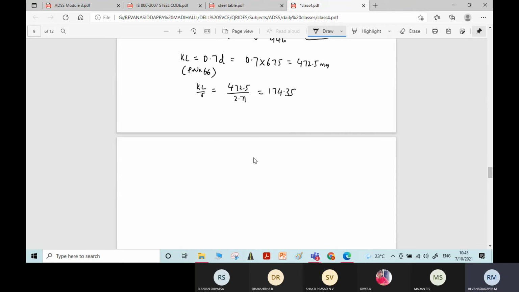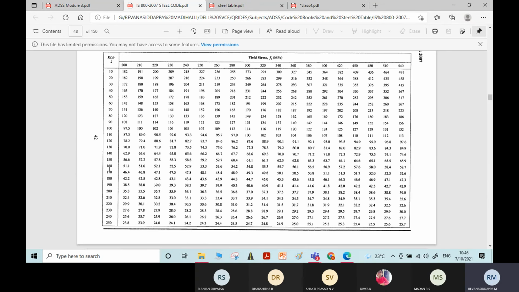This is from table 9C, page number 46 of the code book, for Fy equal to 250 Newton per mm square. For 170, 48.1.